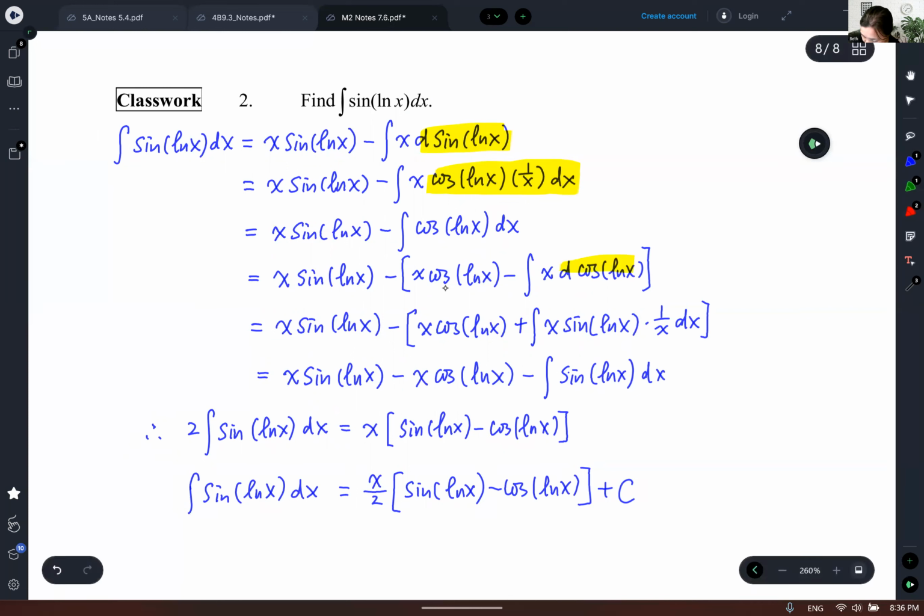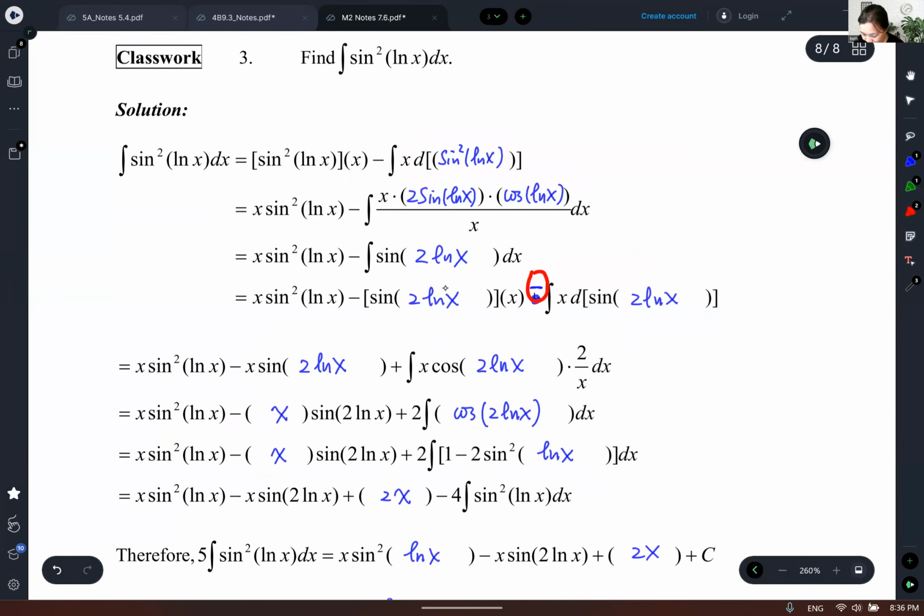And this time d cosine is negative sine. To simplify. And then you can solve it by the final equation. The answer must be this. It's not like you can give me a different answer.